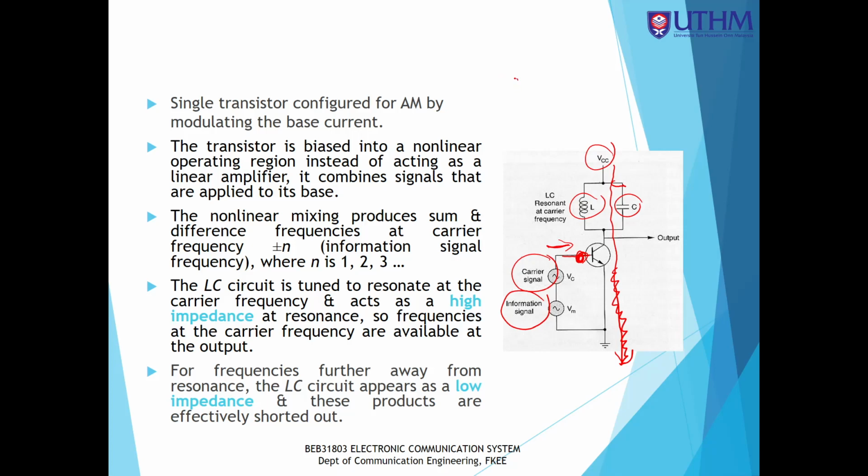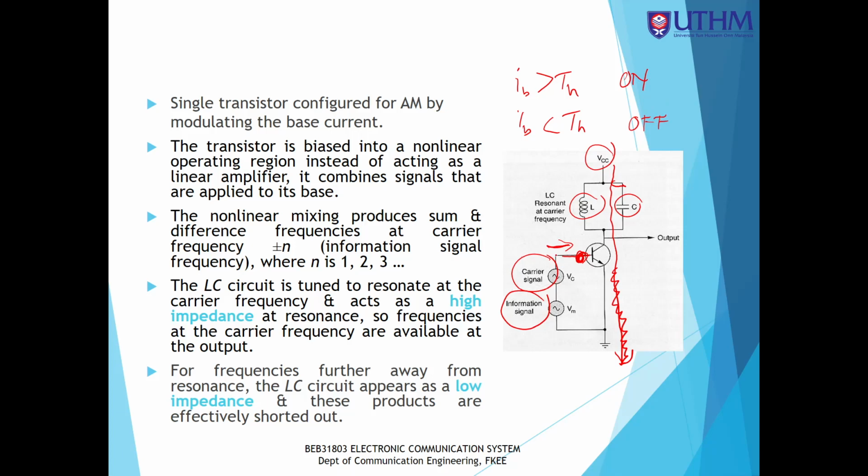Okay, so remember, a transistor has a threshold limit. If the current at the base, I base, is more than the threshold, that means current can flow and the transistor switches on. When the current at the base is lower than the threshold limit, the transistor will switch off, so current cannot flow from the collector to the emitter.